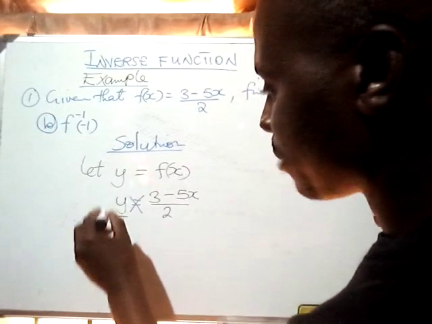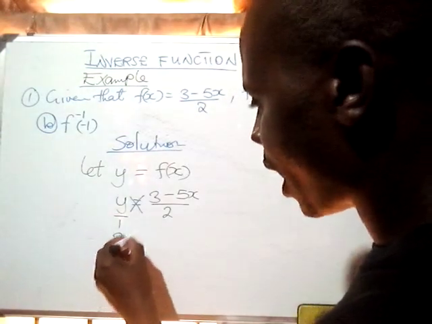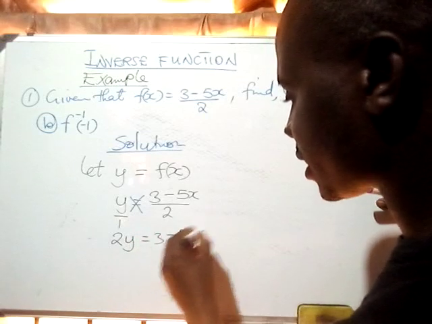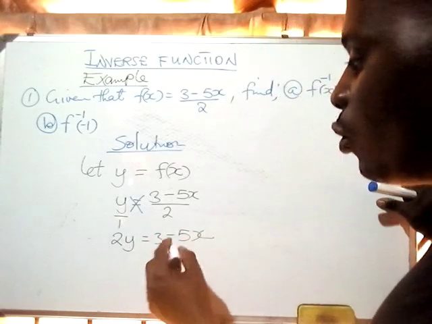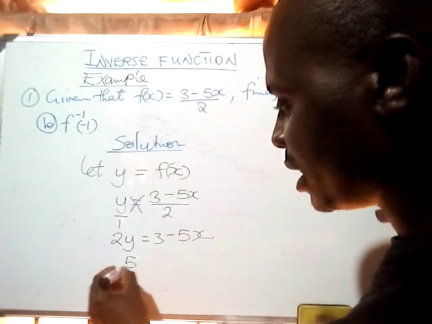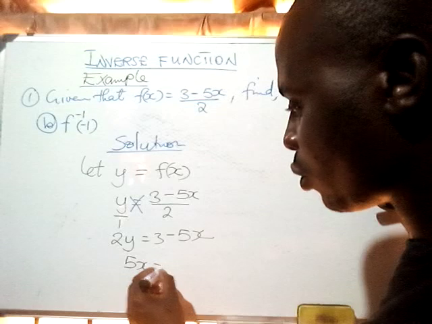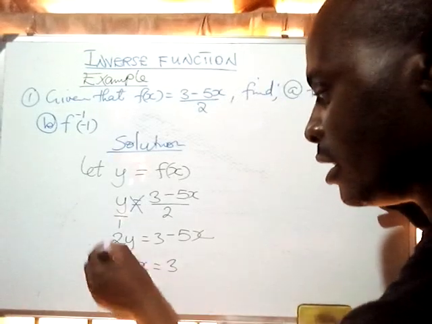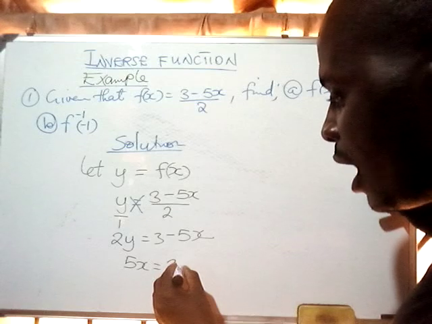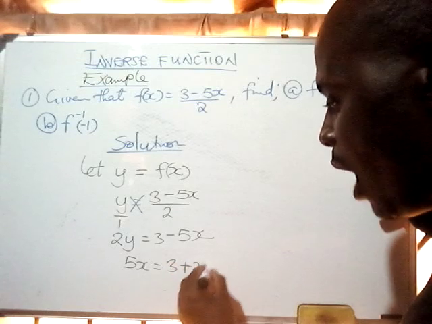So it will be 2y is equal to 3 minus 5x. We are going to get this 5x to the other side. It means it will be 5x is equal to 3, and this 2y will go to the other side. It will be 3 plus 2y.